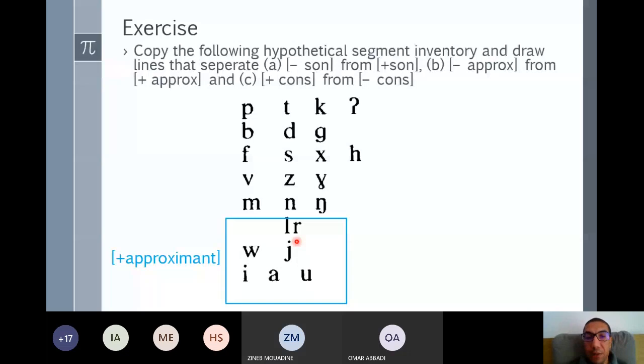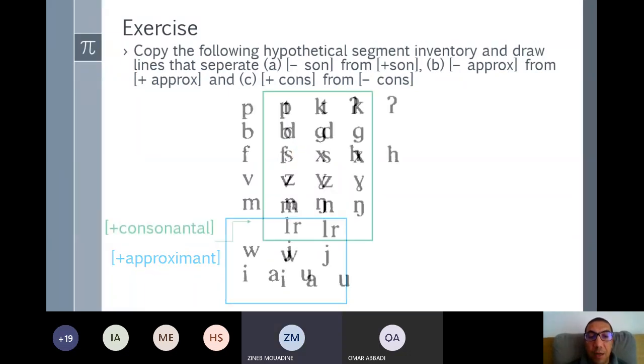Obstruents are sounds that are produced by the approximation of the articulators. They are not like the stops, which are produced with closure in the vocal tract, and they are not like fricatives, which are characterized by a narrow channel.